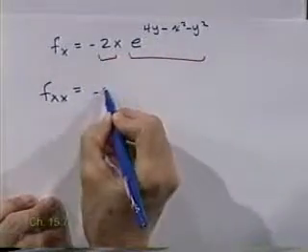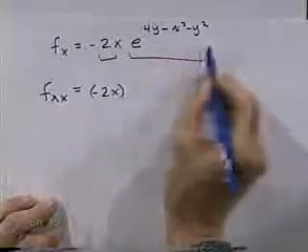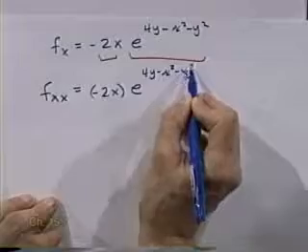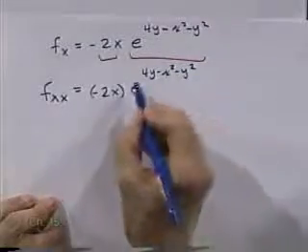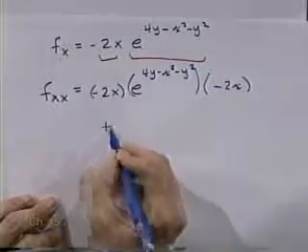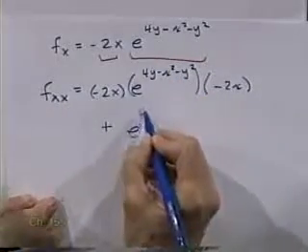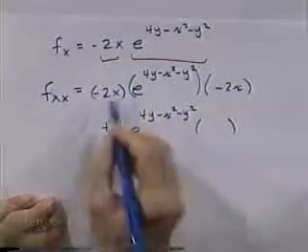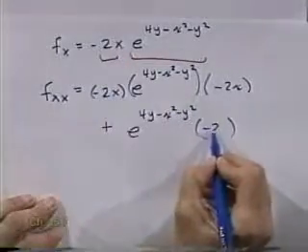We've got to take the first times the derivative of the second. And the derivative of this is e to the u times u prime, plus the second times the derivative of the first, which is a negative 2.